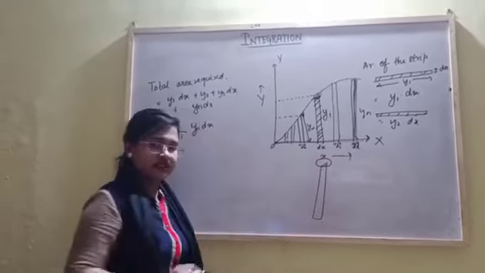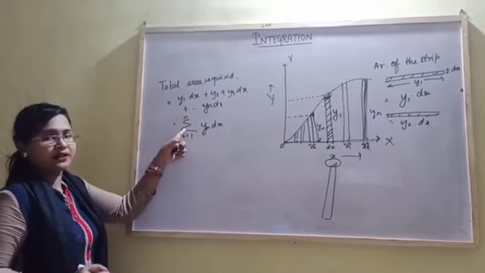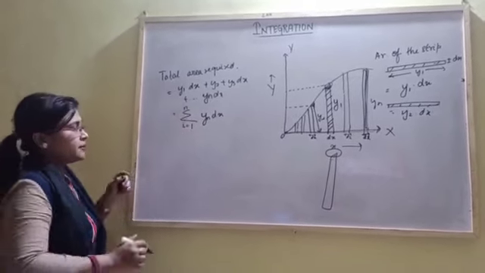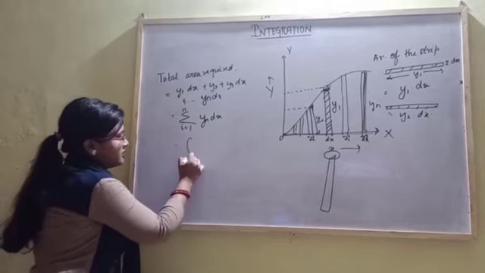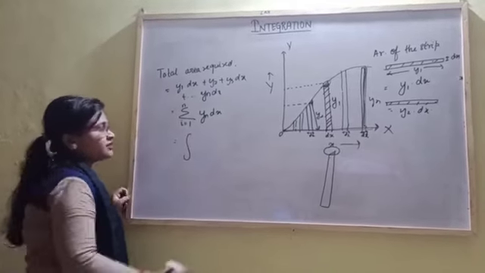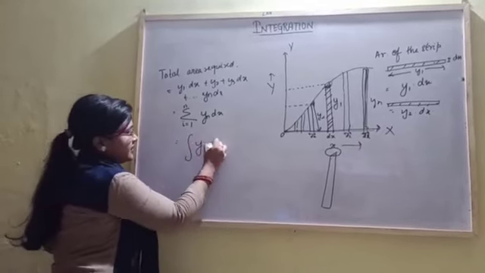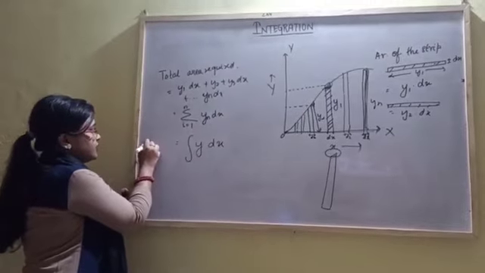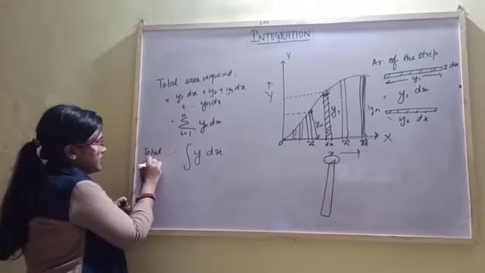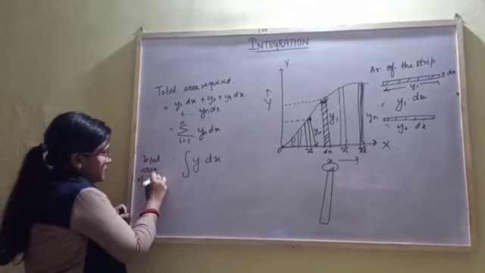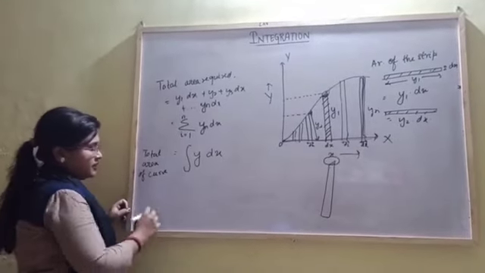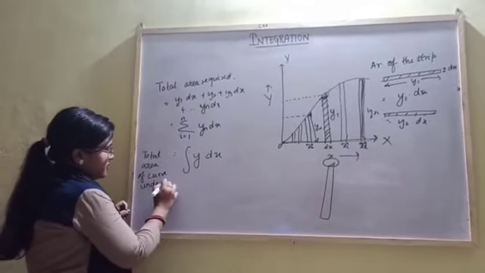So to remove this problem, what will we do? We will substitute the summation with the integration symbol, that is the integral of y dx. This will give us the total area of the curve under the xy graph.